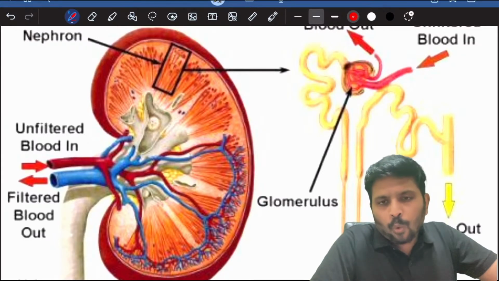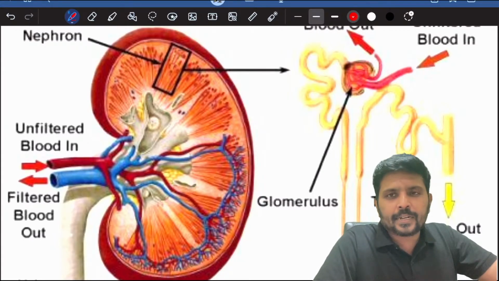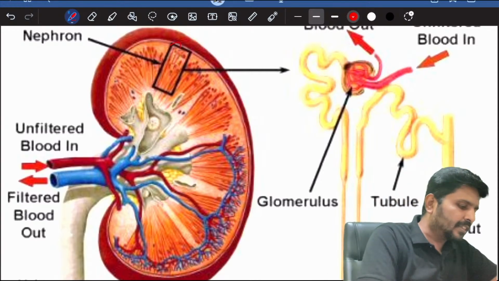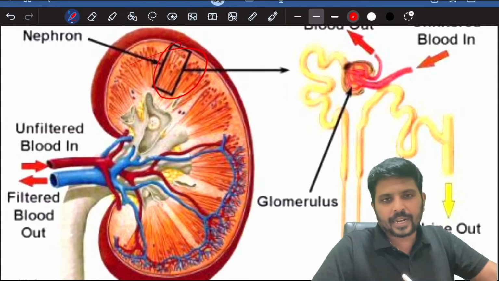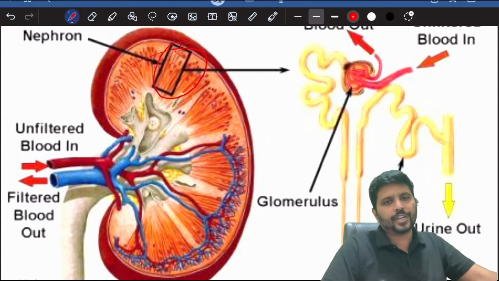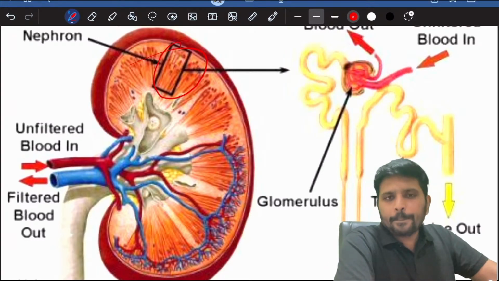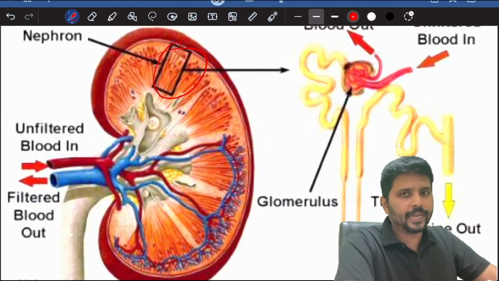Right. Why is this picture depicted to you? Very simple. The one marked with this red box is called glomerular hematuria. Why? Because it contains glomerulus, epithelium and endothelium.